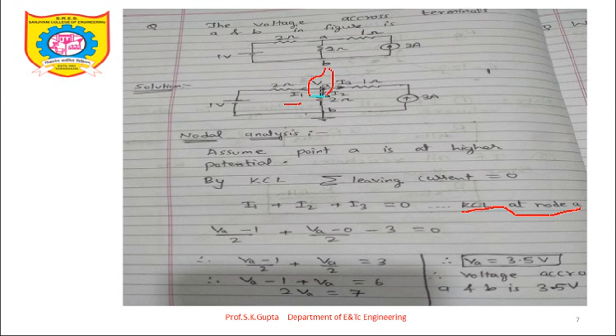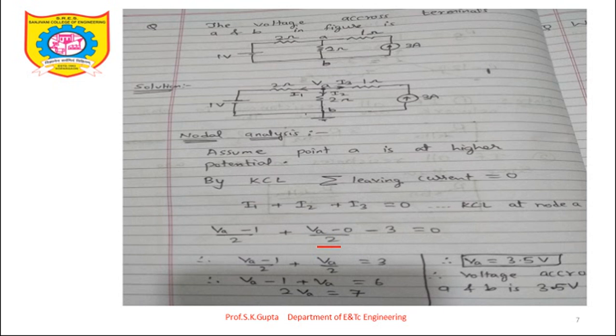I have considered the voltage at node A as VA. So I1 is VA minus 1 divided by resistance, which is 2 ohm. Now I2 current: VA minus the voltage at B, which is 0, so VA minus 0 divided by 2.